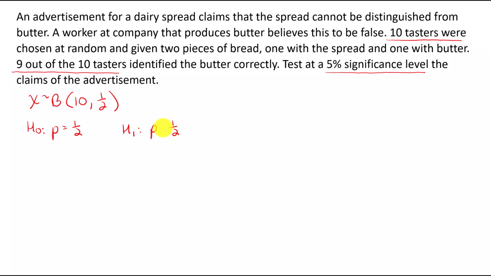So if she's claiming that this is false, that they can tell the difference between the spread and the butter, we would expect them to get this right more than half the time. Now we had 9 people out of 10 get it right. So we're going to be testing the probability that X is greater than or equal to 9. Okay, so I want you to take a minute and do that with the binomial distribution and then check your answer with me.